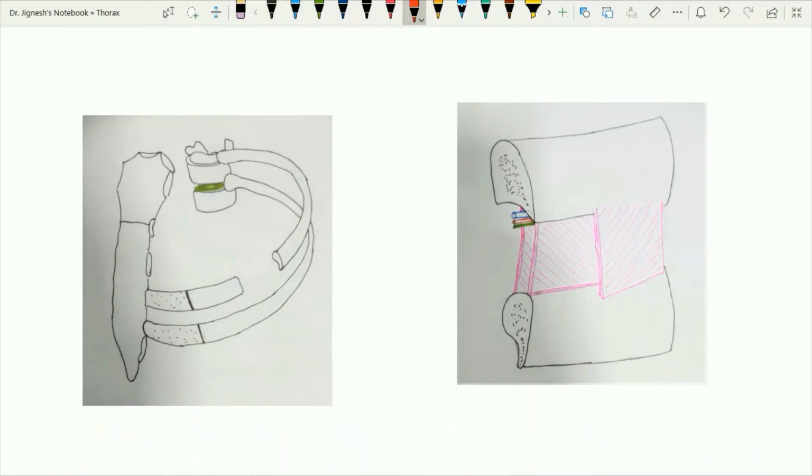As the name suggests, this muscle is situated on the outermost side of the intercostal space, and it extends from the sternum here to the tubercle of the rib, which is present on the outer aspect of the rib. So we cannot see it from this inner aspect, but it is present on the outer aspect.